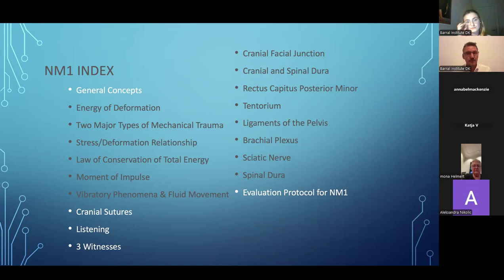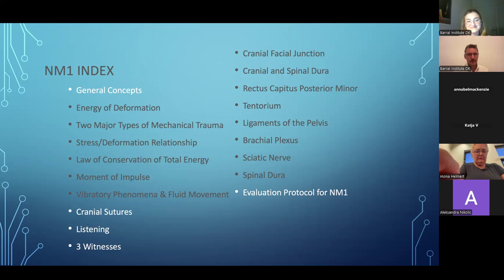And after that, we will consider the plexi going into the arm or going into the leg. And sum everything up in a protocol so that we can know how to evaluate the nervous system from an overview.